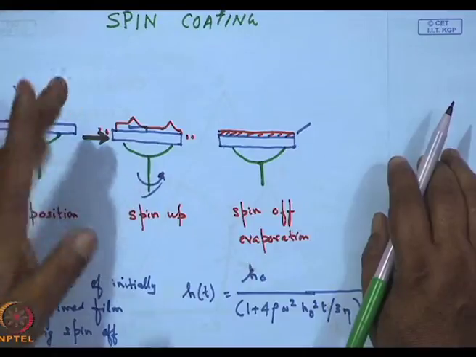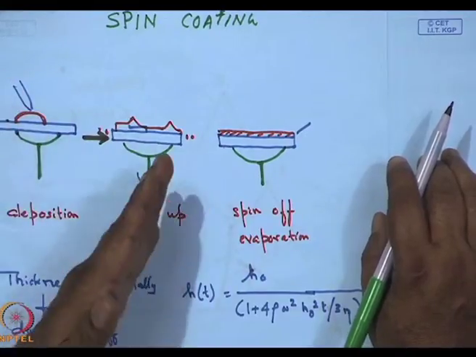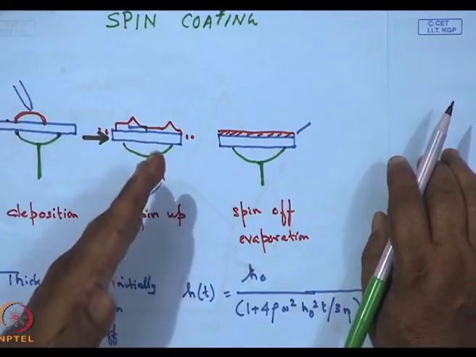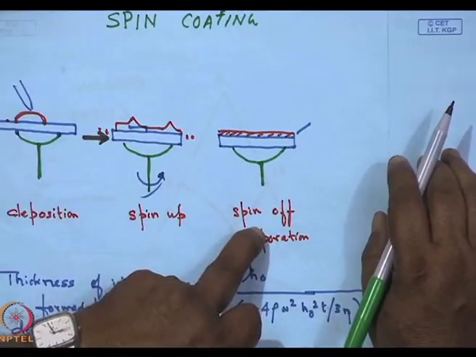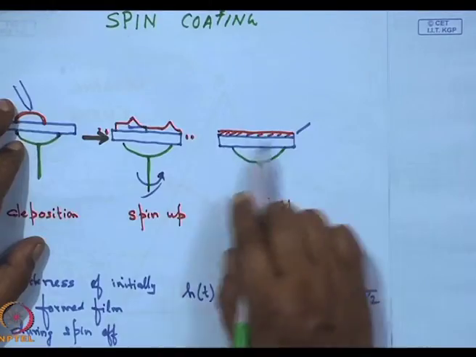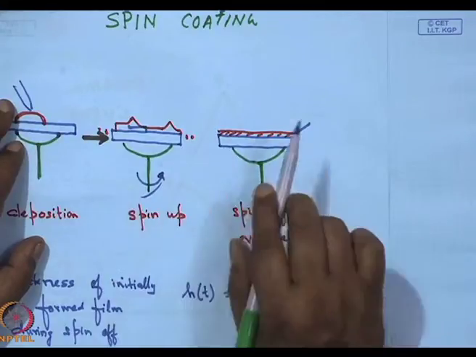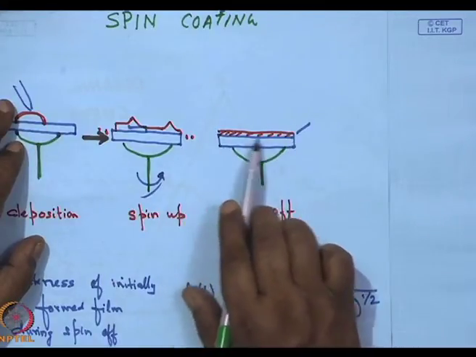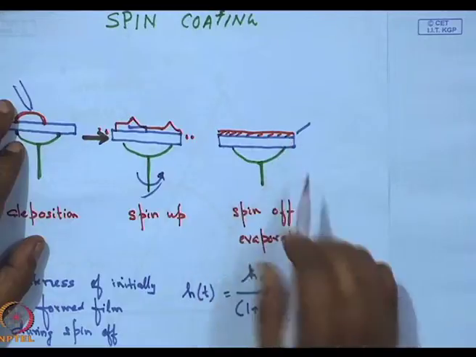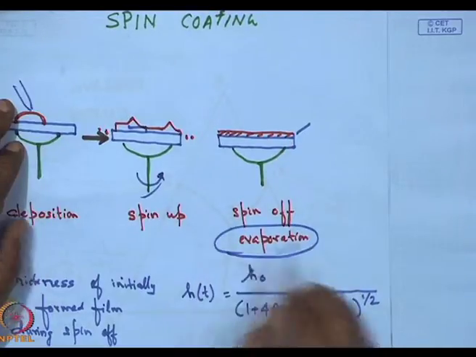During the process, the liquid spreads itself on the surface. Then is the spin off, where depending on the viscosity and the addition of the liquid to the substrate, the liquid flows, the extra liquid falls off, forms a thin adherent coating, and then evaporation occurs.